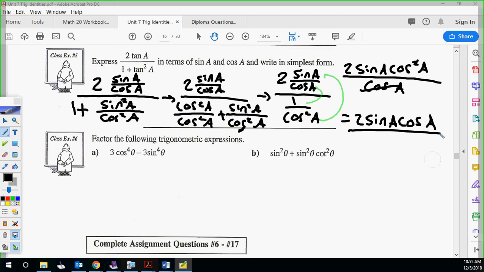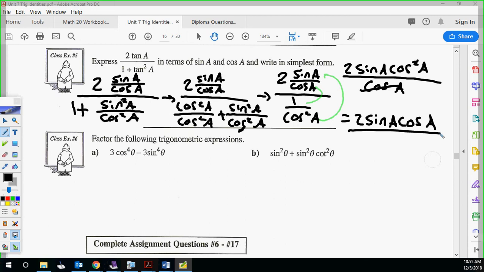You can plug in pi over 4 to this, and that decimal you get when you calculate that should be the same here. Okay, that's how you can tell. Because remember, we're simplifying. You could plug in 1 probably, yeah. Except 1's not great, though, because tangent at 1 is 0. So you get 0 over 1 is 0. Yeah, you get 0 equals 0.